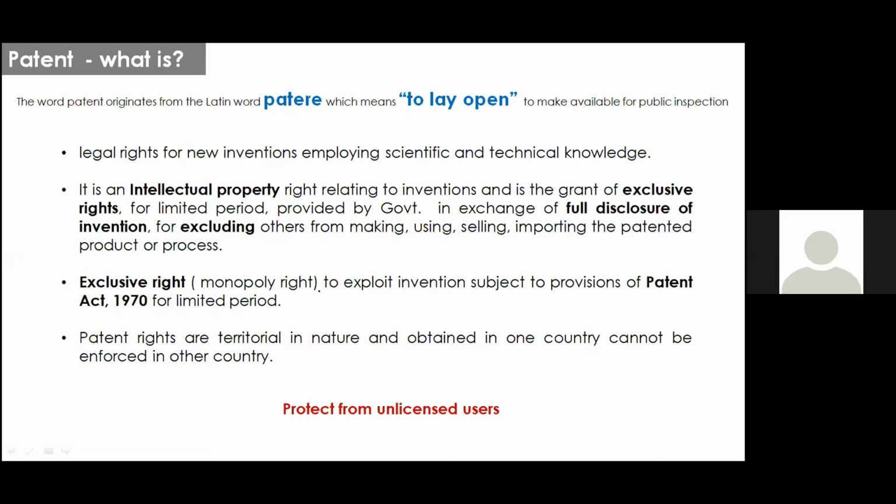And patent rights are also territorial in nature. By this we mean that patents are country specific, and there is no such thing as a worldwide patent. If you obtain a patent in one country, it cannot be enforced in other countries. And basically the whole aim is to protect against unlicensed users.